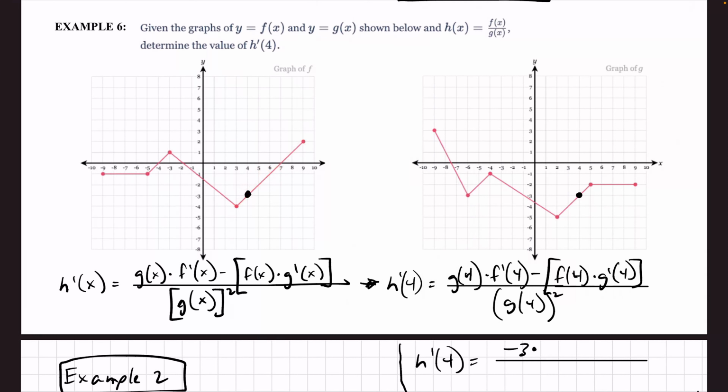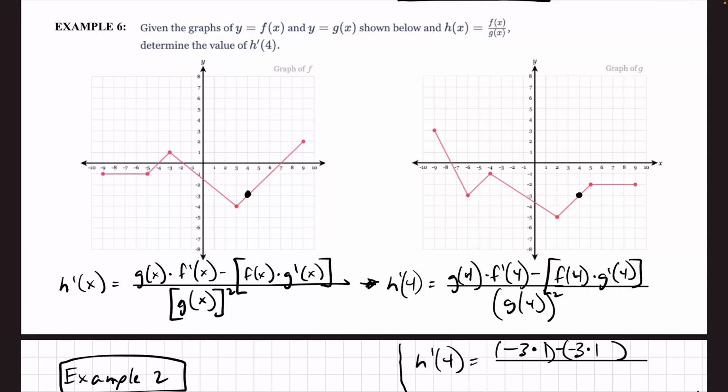It's 1. F of 4 is negative 3. G prime of 4, the same thing: what is the slope of the segment it's on? It's 1 as well, right? Up 1 over 1.